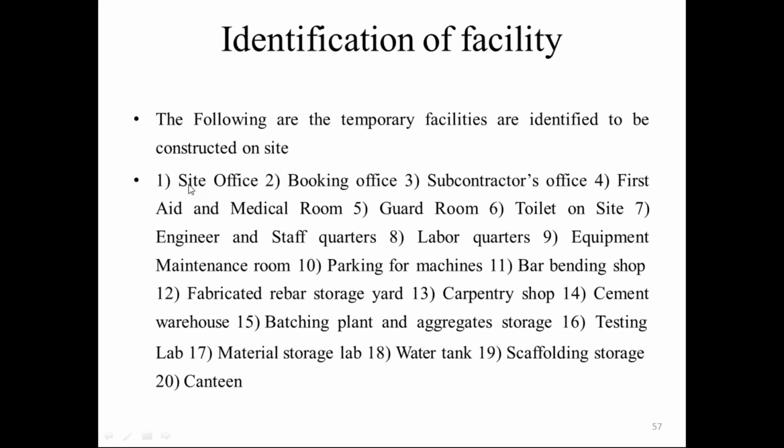First can be the site office, second the booking office where the people come, subcontractors office, first aid and medical room, guard room, toilet on site, engineer and staff quarters, labor quarters, equipment maintenance room, parking for machines, bar bending shop, fabricated rebar storage yard, carpentry shop, cement warehouse, batch plant and aggregate storage, testing lab, material storage lab, water tank and scaffolding storage, and finally canteen.